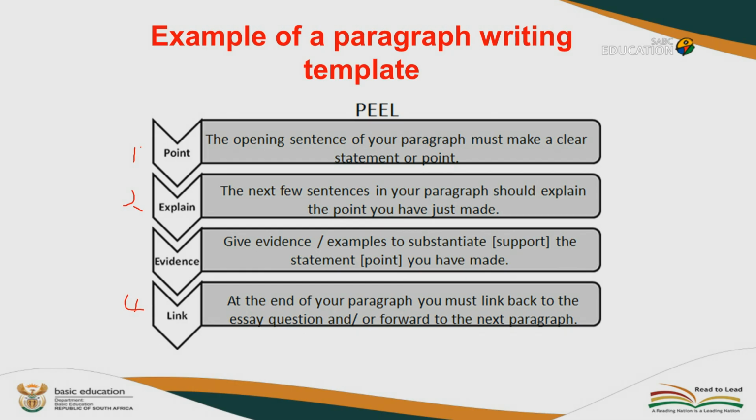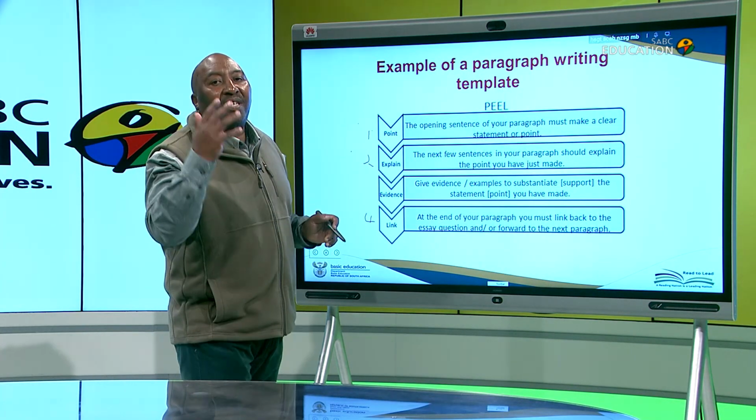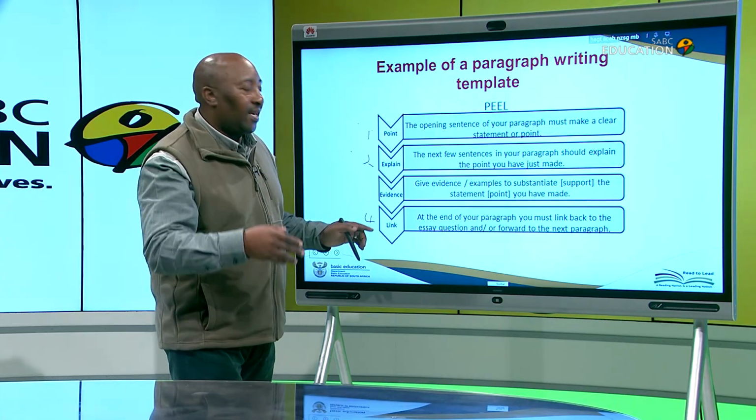This PEEL system tells us that there's no way a learner can be irrelevant in writing an essay, because if you have a point, you explain it, you give examples, and then you link back to the question, your essay will be properly contextualized, and your body will be accepted because you have followed a particular structure. So if you don't follow this kind of a structure, your essay may lose meaning. Ensure that the PEEL structure is followed every time you write your essay.